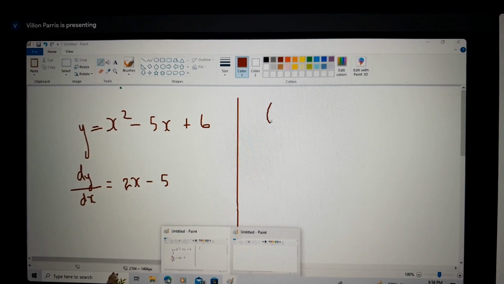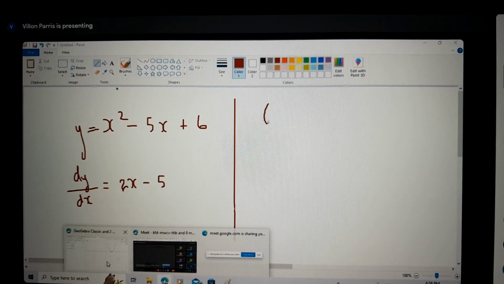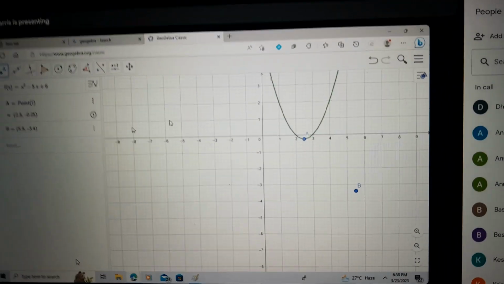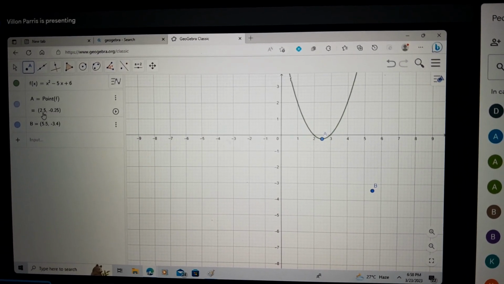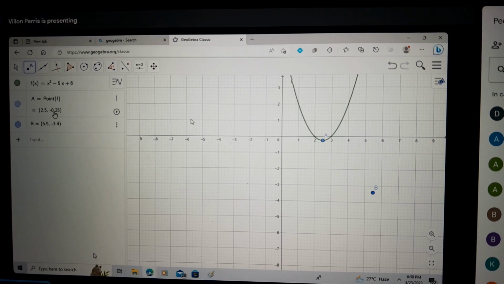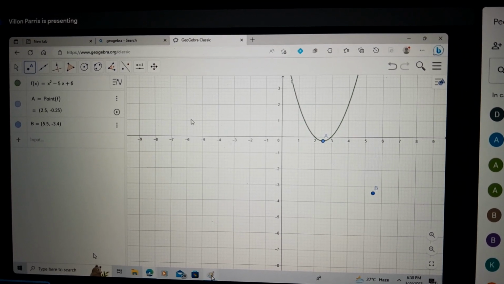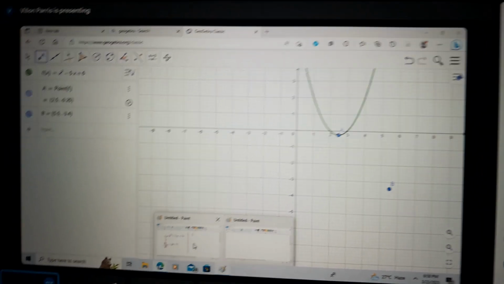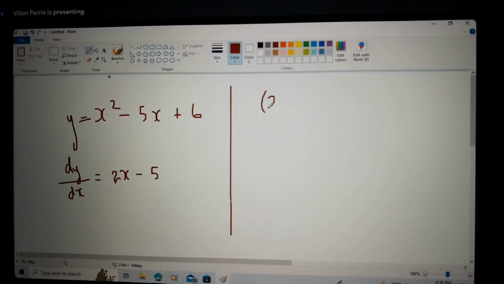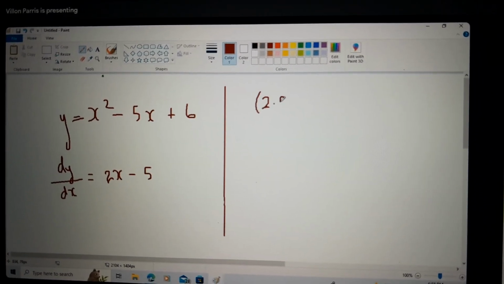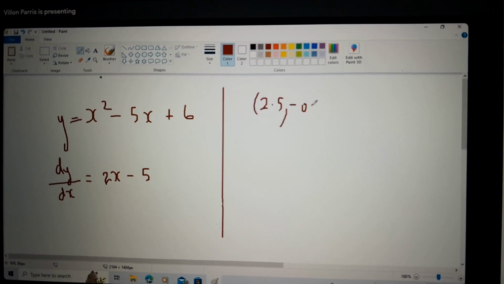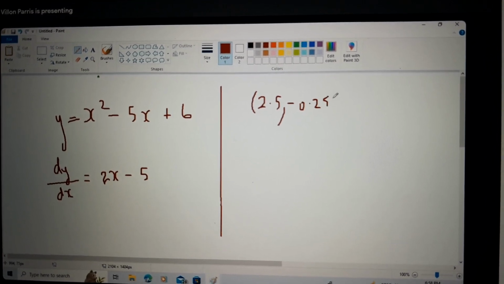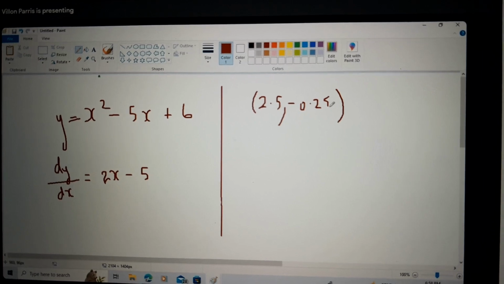Back to GeoGebra. Let's pretend we did not know that this was a minimum point. And you were given the point (2.5, negative quarter). And we were told that this is a stationary point.